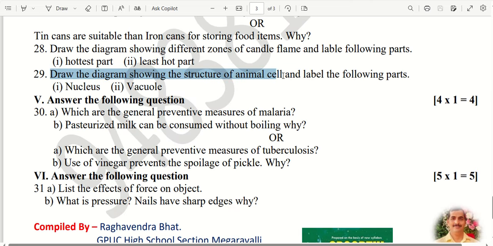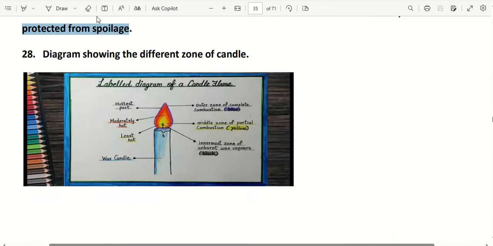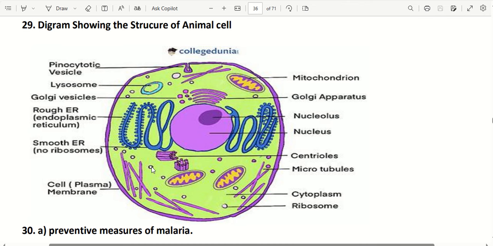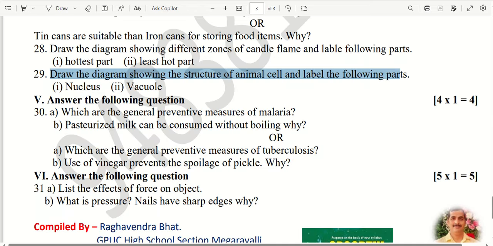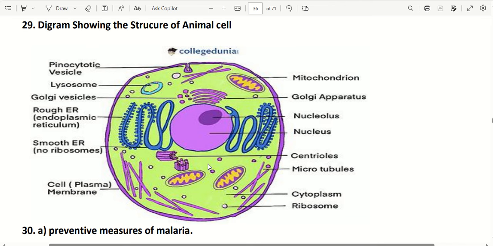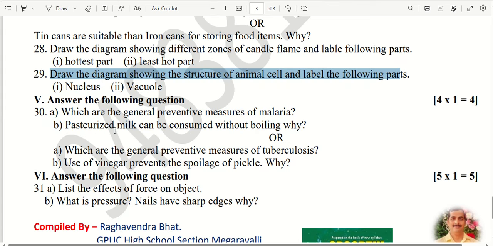Draw the diagram of the structure of the animal cell and label the parts, nucleus and vacuoles. Here this is the animal cell, inside is the nucleus, and another part they ask about is the vacuoles. These are the vacuoles.